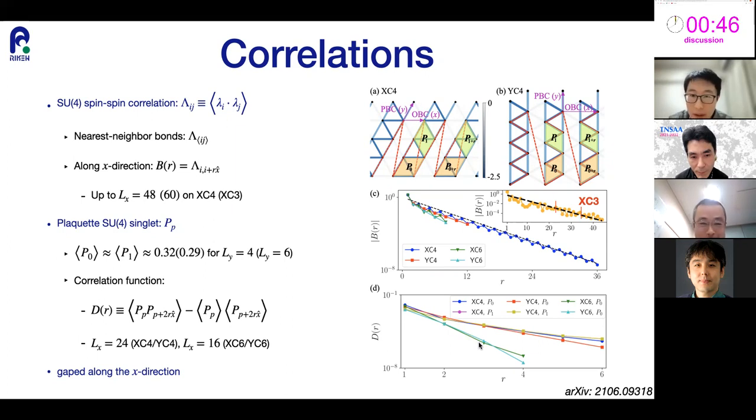So I mean that if you go to the bulk limit, I think you can extrapolate the bulk limit from your computational result very easily. Is this right?